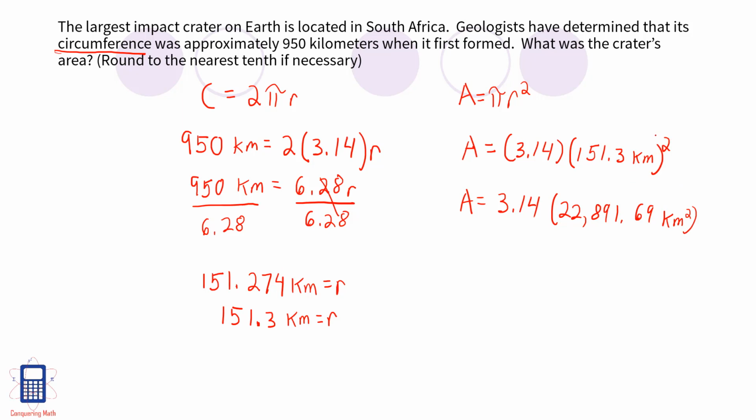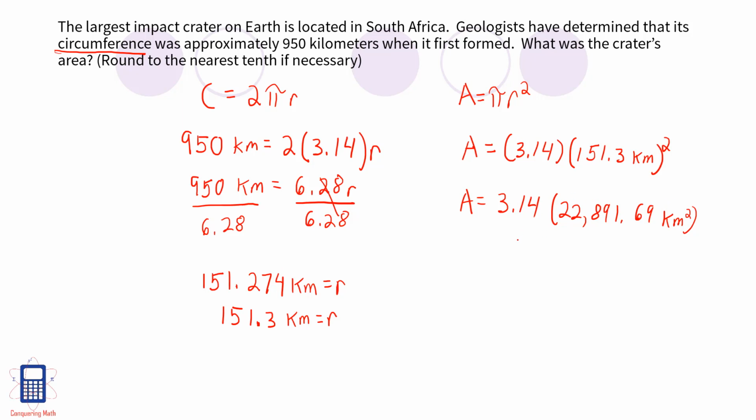And the difference here up top was this was an operation, so that was kilometers. It was 151.3 kilometers squared. That's an operation. This is 22,891.69 square kilometers. That's a unit.